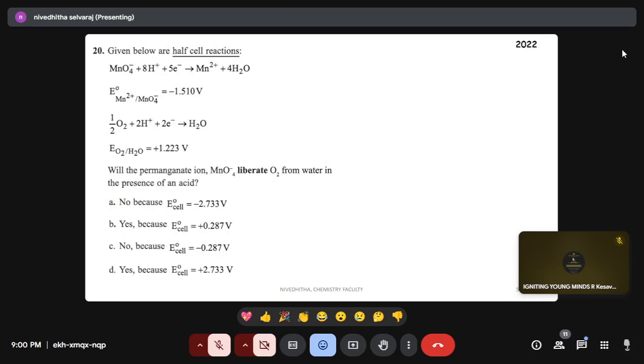Here we are provided with two equations and respective electrode potentials, and we have to find whether this permanganate ion will liberate oxygen from water in presence of an acid.